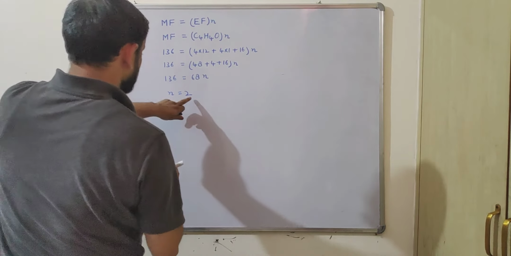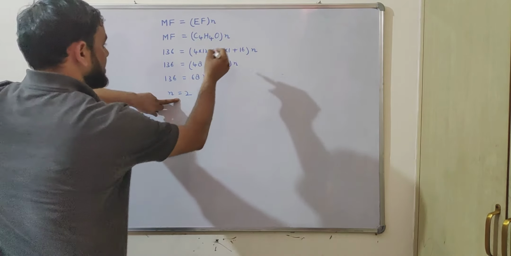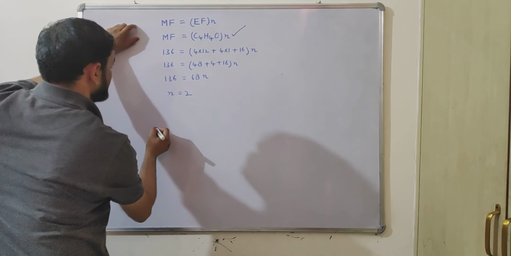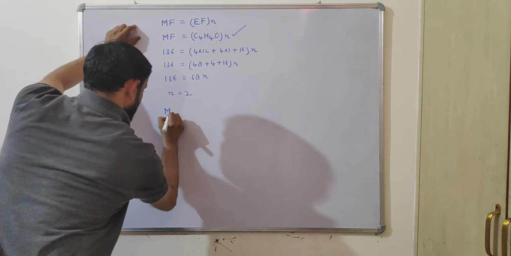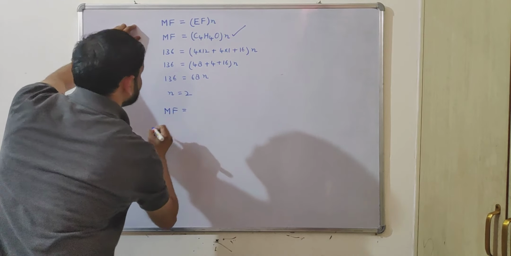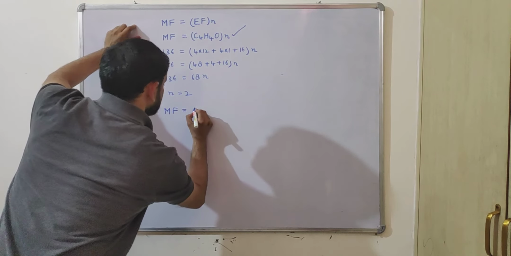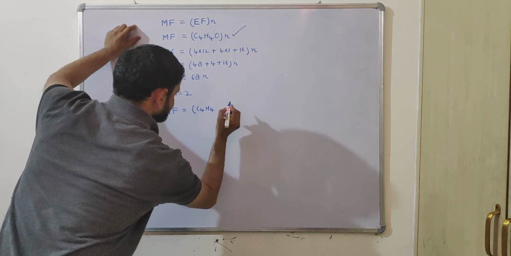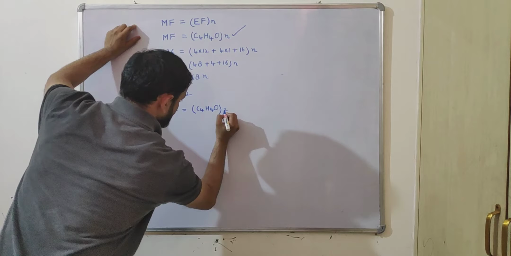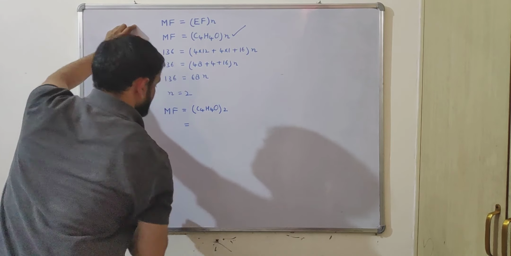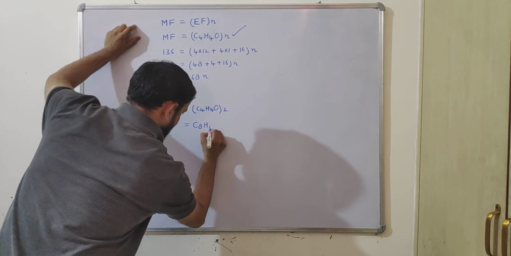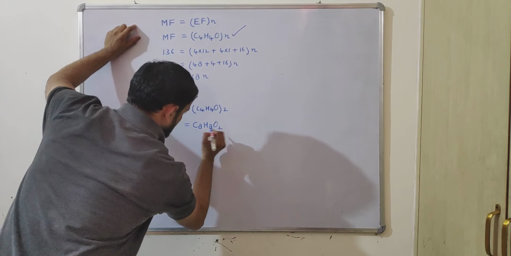So putting the value of N in this equation, we will get molecular formula. So the molecular formula will become MF is equal to C4H4O into 2, that will become C8H8O2.